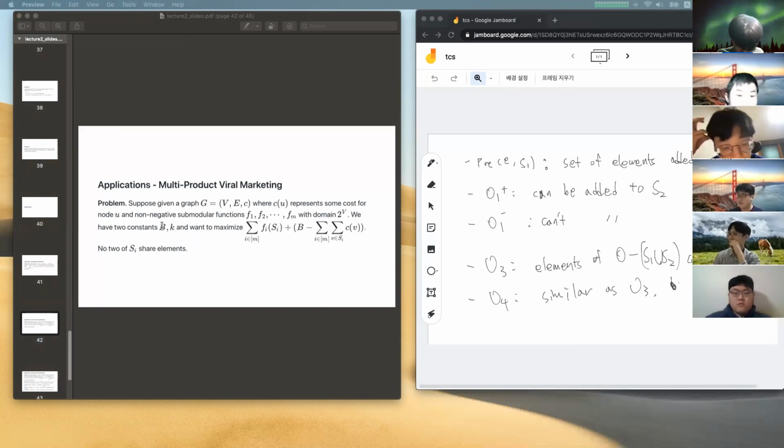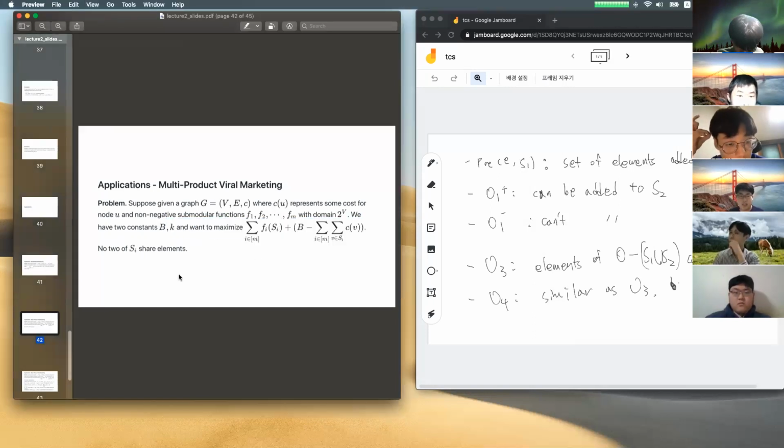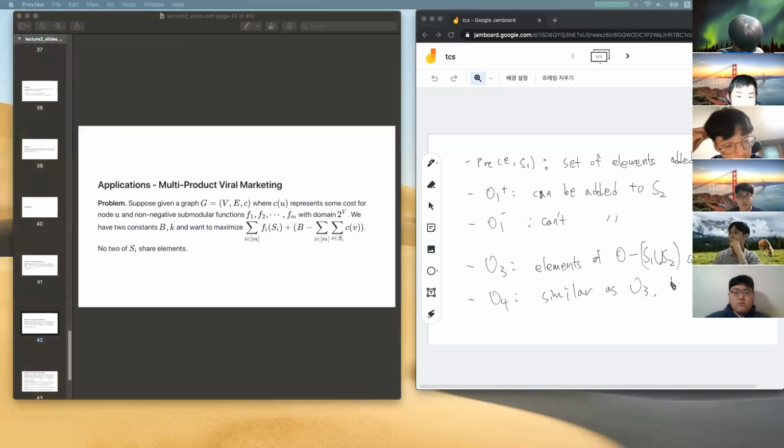B is the budget of the company, and the company wants to select at most K seed nodes to promote M products, and one node can be selected as a seed for at most one product.